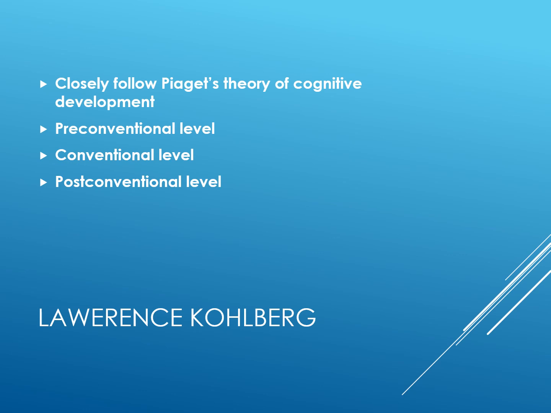So he has 3 levels here. There is the pre-conventional level, the conventional level, and the post-conventional level. This is on both 586 and 587. Pre-conventional level. Kohlberg's pre-conventional level of moral development is based on external control as the child learns to conform to rules imposed by authority figures.